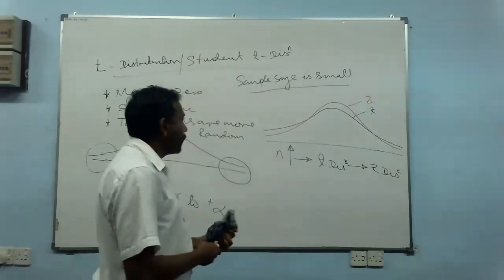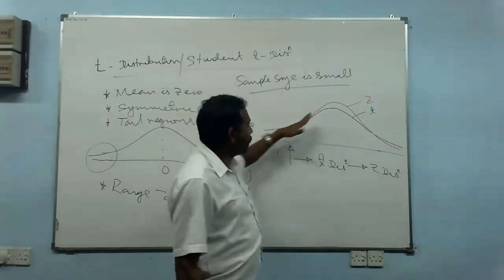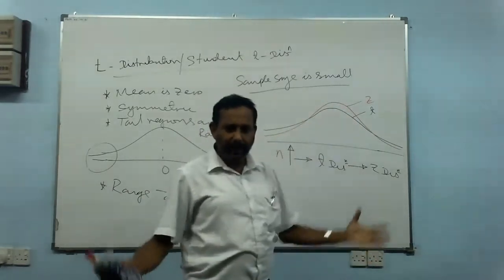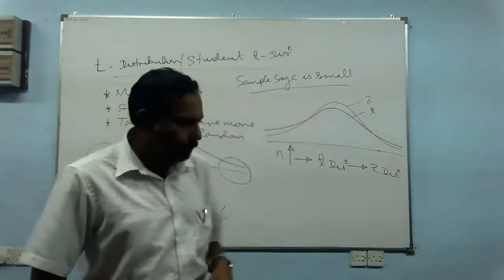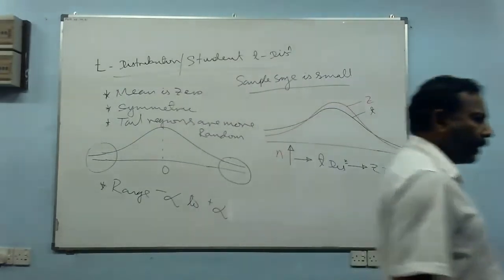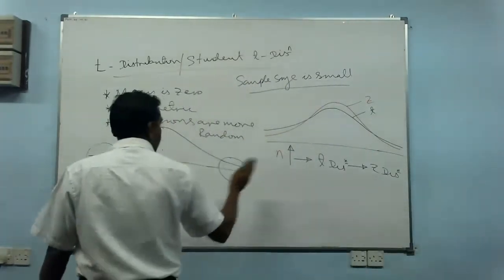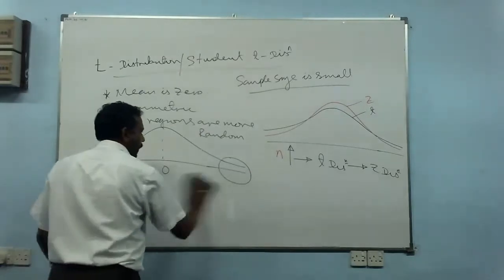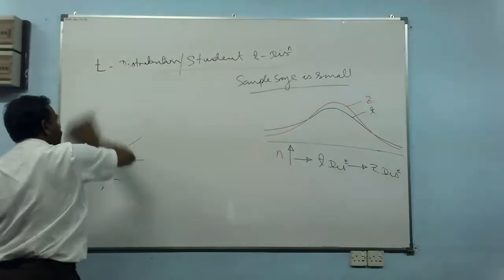So T distribution is the black color one, and the Z distribution is the red color one. And also, if you look at the T distribution, that is one way to express the relationship between T and the Z distribution.